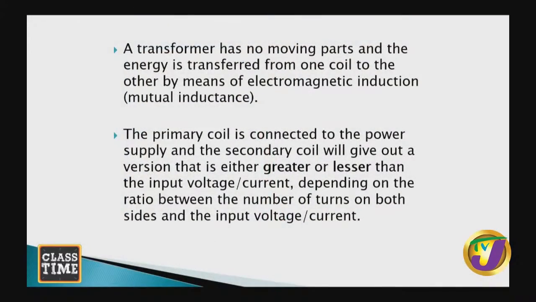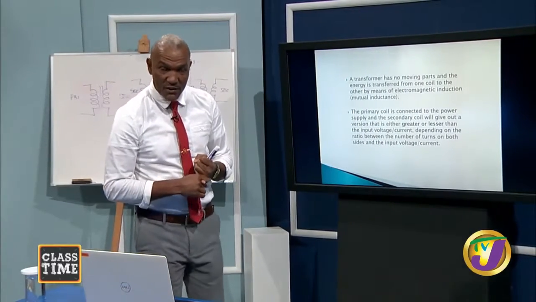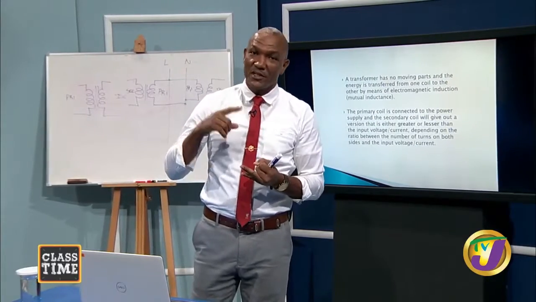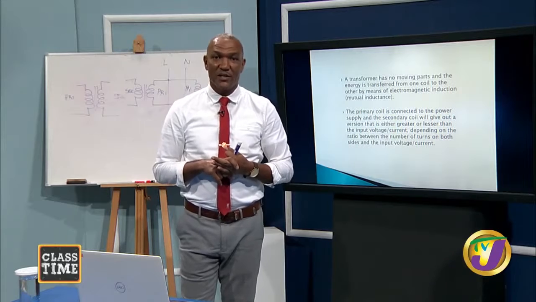The primary coil is connected to the power supply, and it will give out a voltage that is either less than or greater than the voltage that it is connected to. This is dependent on a number of things: the number of turns in the primary coil, the number of turns in the secondary coil, and the voltage it is connected to.